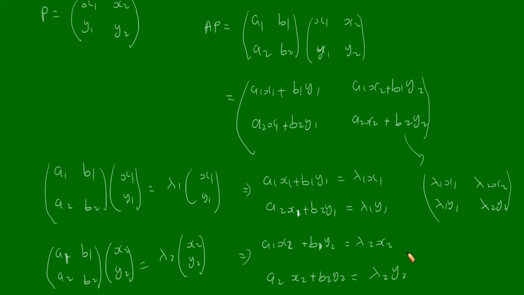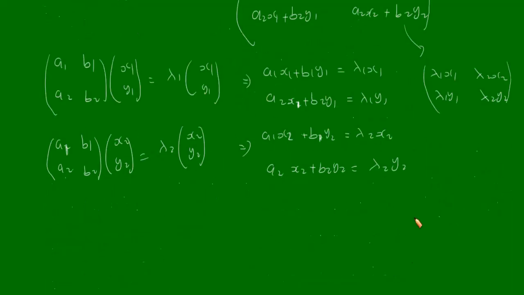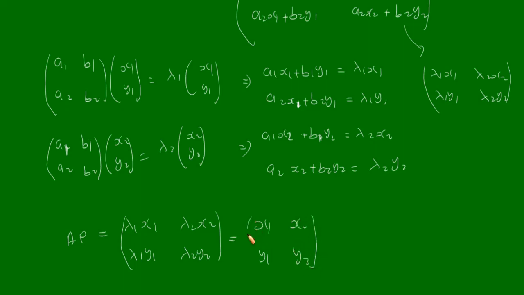Now again writing here, our A into P is equal to lambda 1 x1, lambda 2 x2, lambda 1 y1, lambda 2 y2. Now this can be written as x1 y1, x2 y2, which is our P matrix, into lambda 1 0 0 lambda 2.